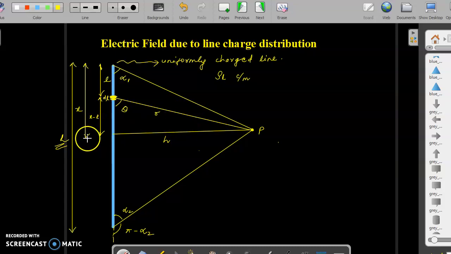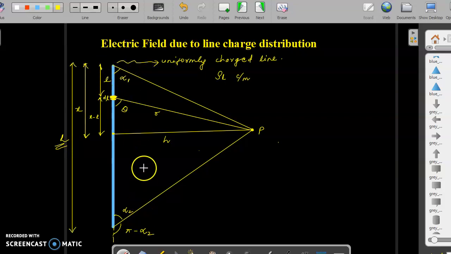And here you can see that x is the distance from this point to the other end of the line, and L is the distance of dL from one end of the line. This is the line segment we are considering.